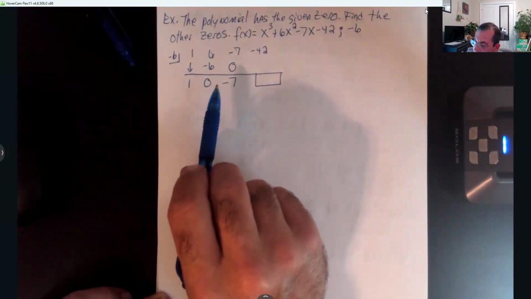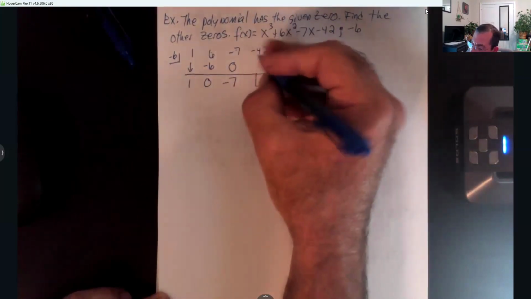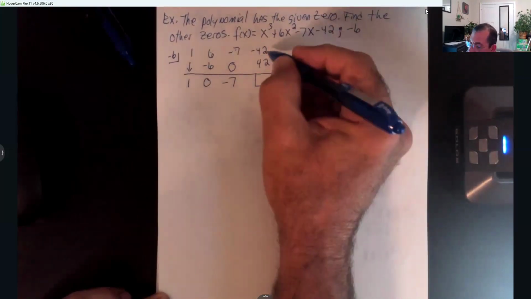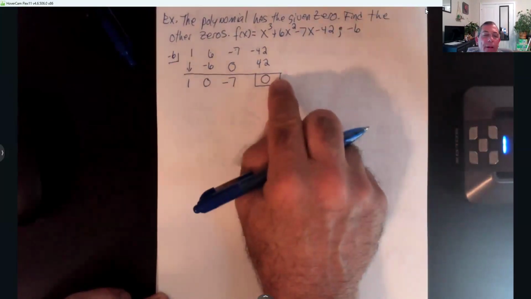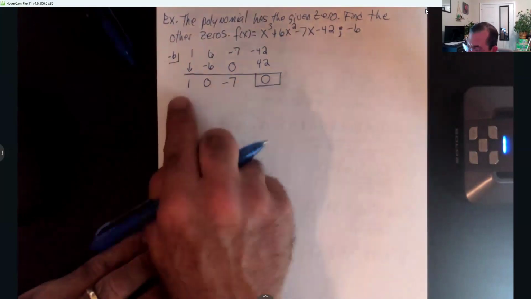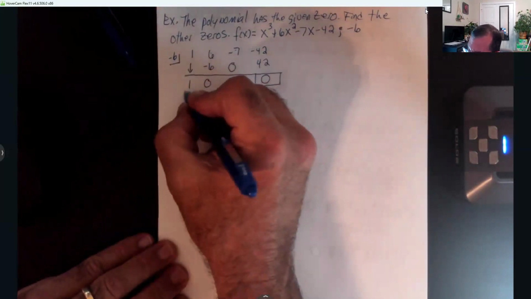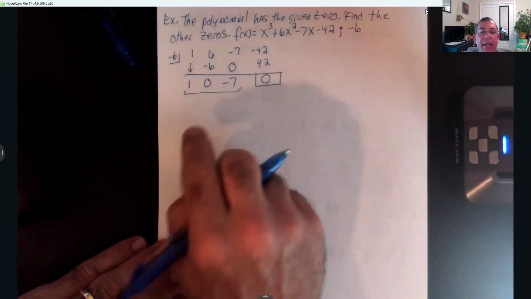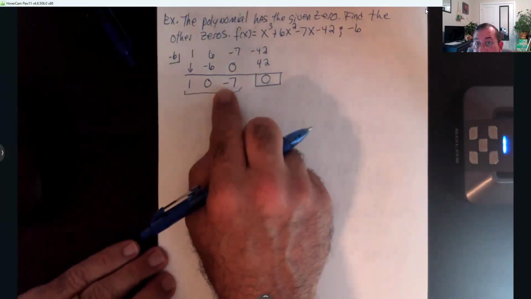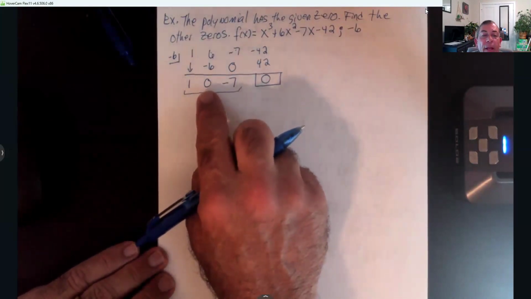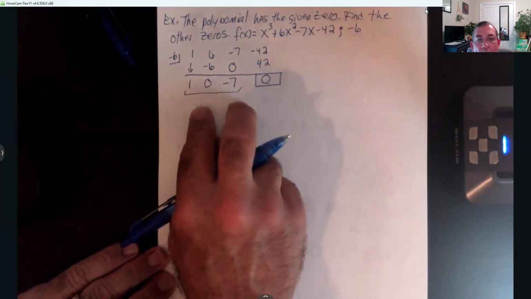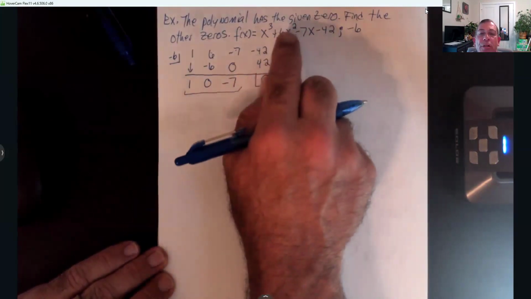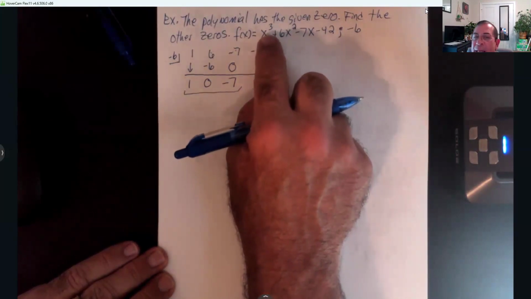And y'all look at that. -7 times -6 is 42. -42 and 42 equal 0. So we got a 0 remainder. So y'all, these three numbers are technically the quotient, and they give me the coefficients of the new polynomial that starts out 1 degree less than the original.